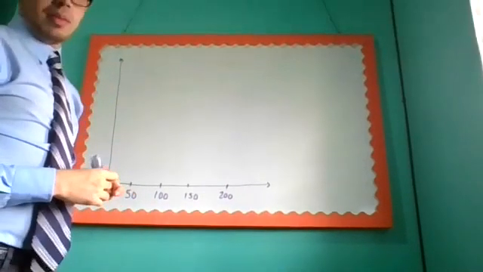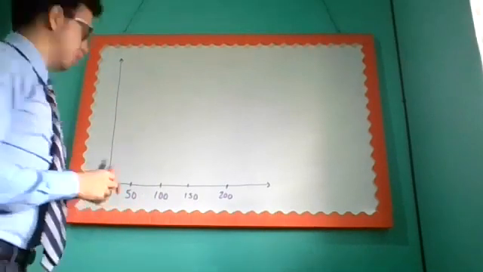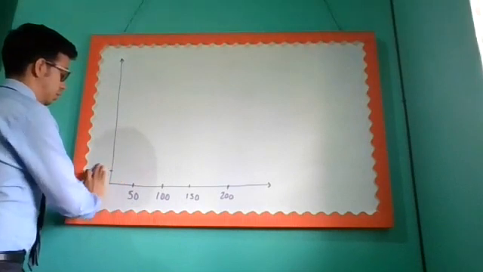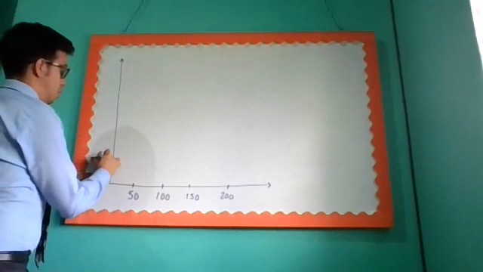Okay. In this, you have a scale of 200 in each one. It's 200, 400.